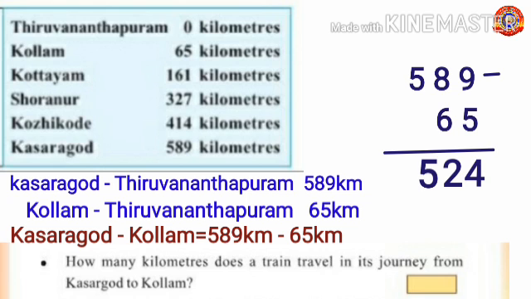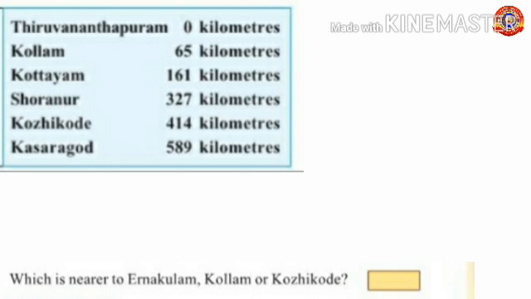And 5 is here. 524. Therefore, a train travels 524 km from Kasaragod to Kollam.